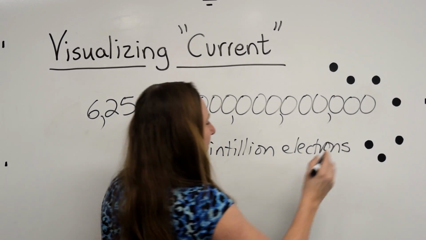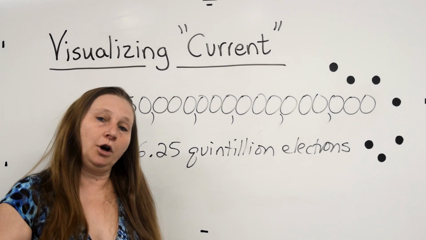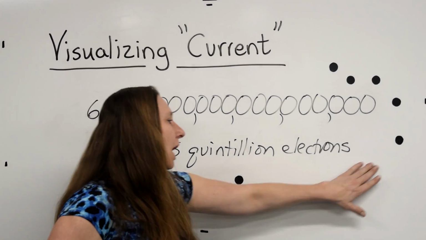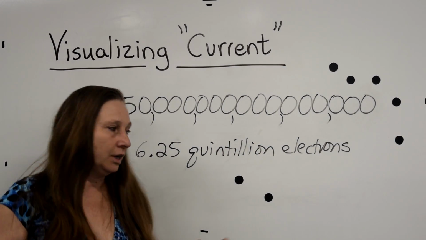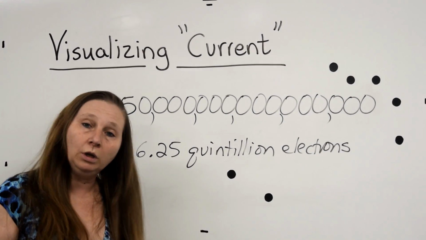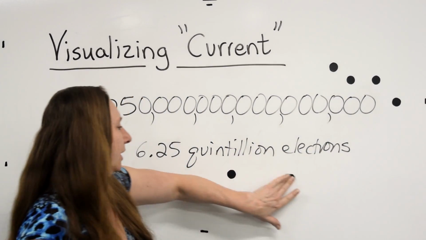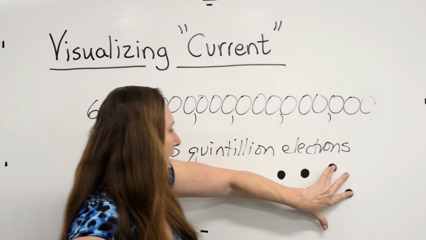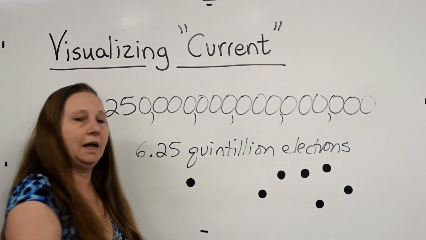So what I am going to do throughout the current electricity topic is use one of these dots to represent this many electrons. I am going to use a dot to represent 1 coulomb of electrons. So that's 2 coulombs, 3 coulombs, 4, 5, 6, 7 coulombs, because it doesn't make any sense for this to represent 1 electron.